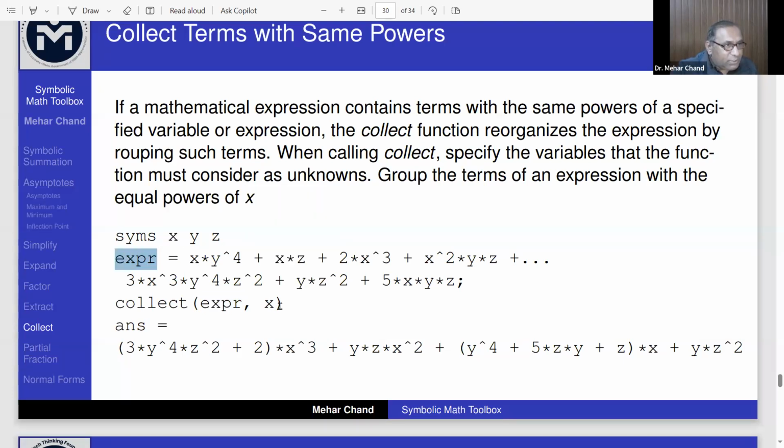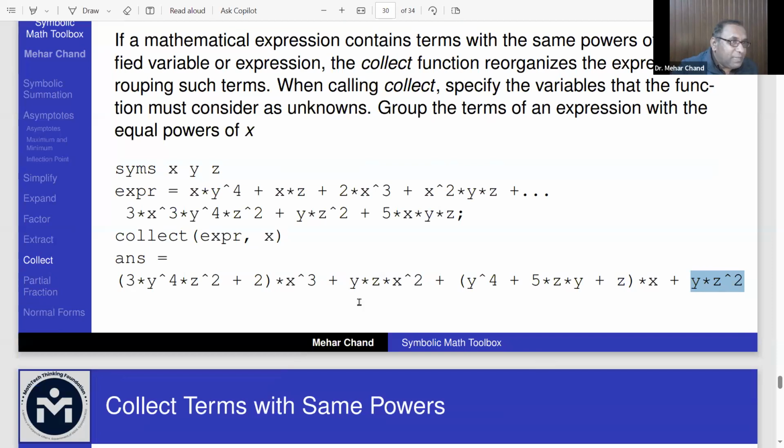When you execute this statement, you can see the coefficient of x cube is this part. Then it will return the coefficient of x square, we have yz, and the coefficient of x is this one. And at the end, the term not involving x. So this will reduce the expression into the form of an x polynomial.